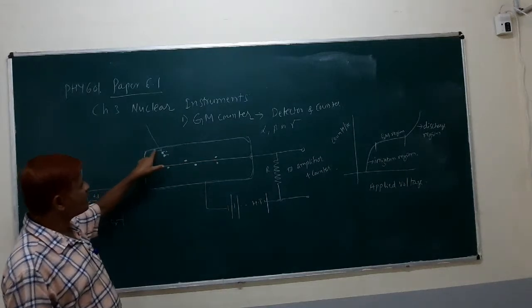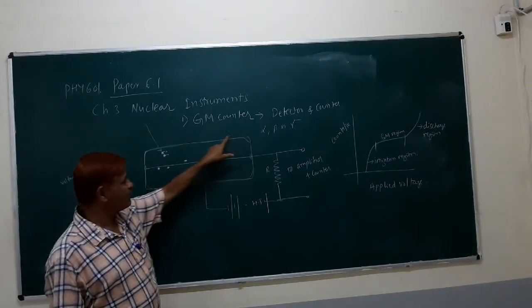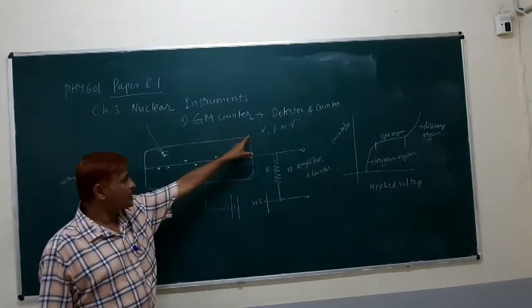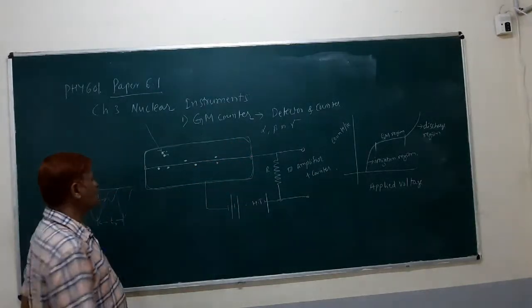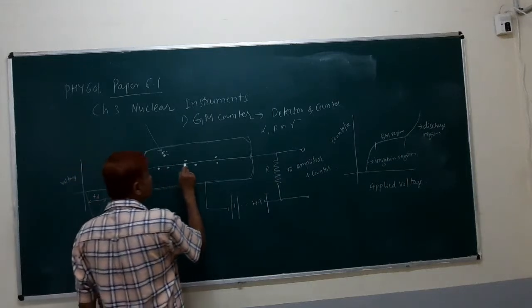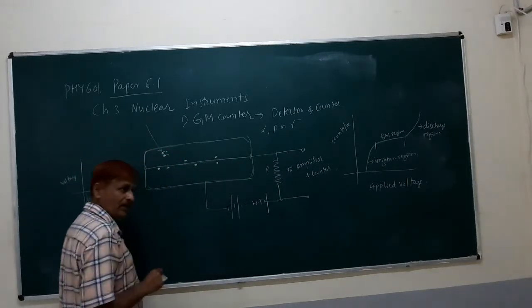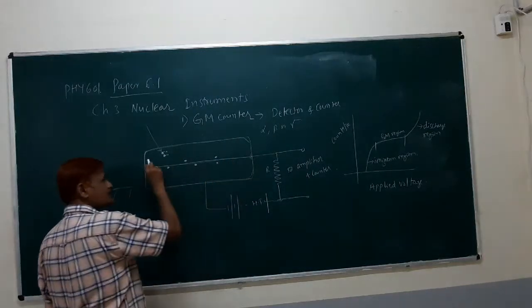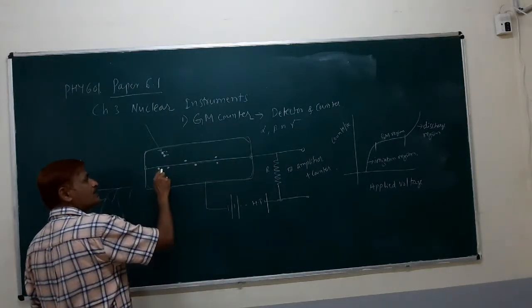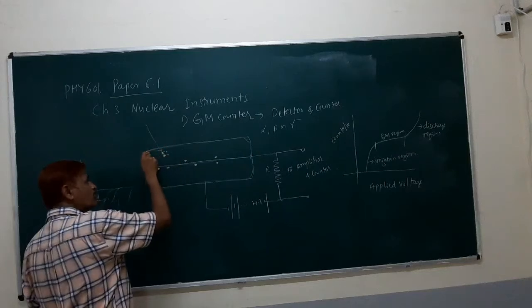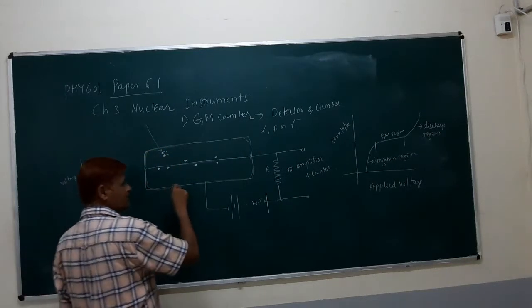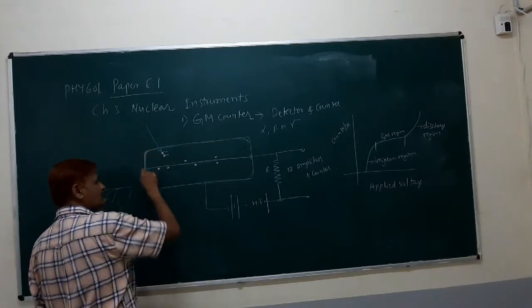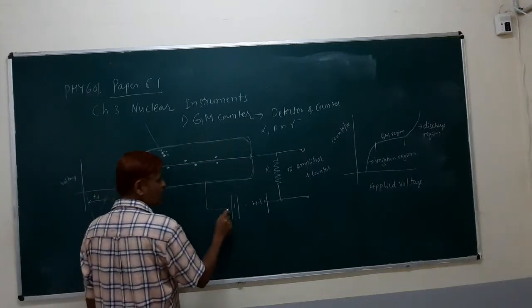It consists of a glass envelope. On that we have a cylindrical metal surface also. The central wire is the anode, a thin metal wire at the center, and the outer envelope of the glass is painted with metal, and that serves as the cathode.